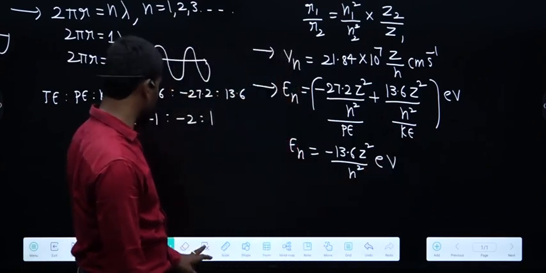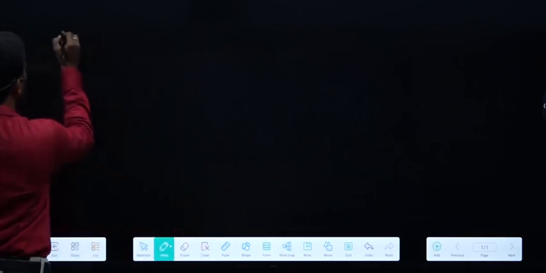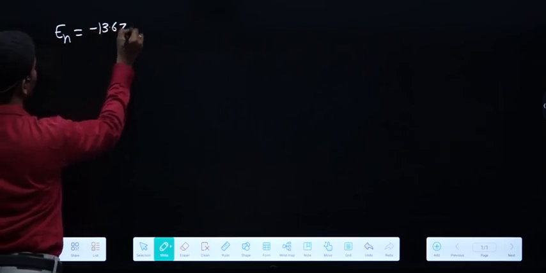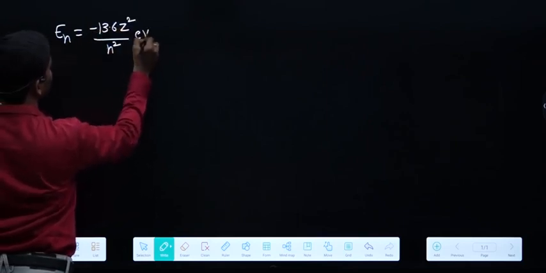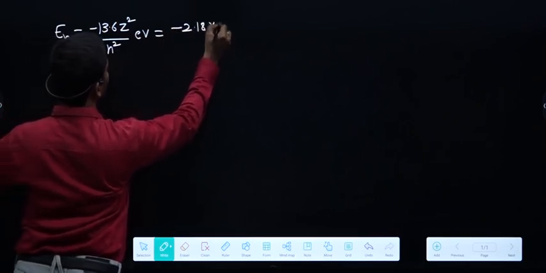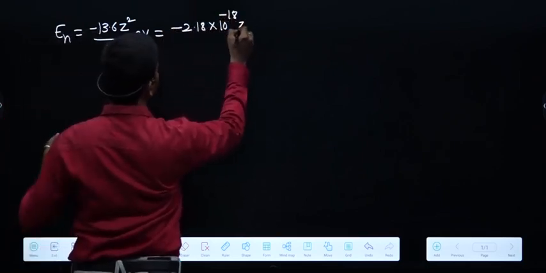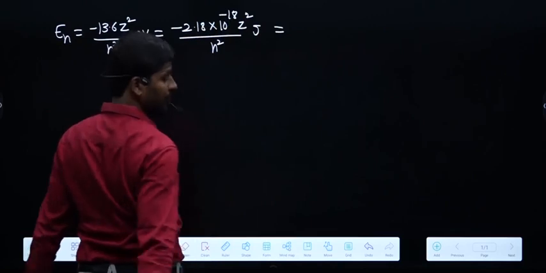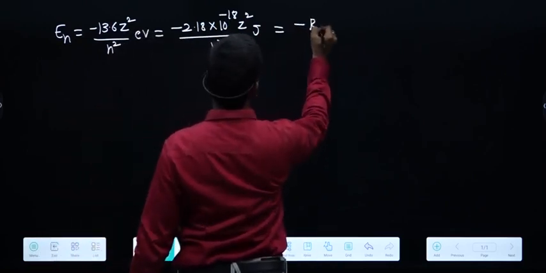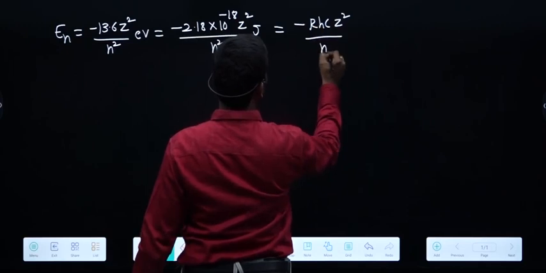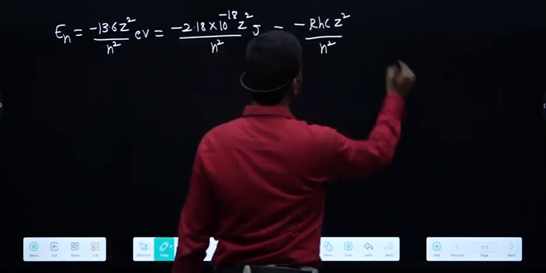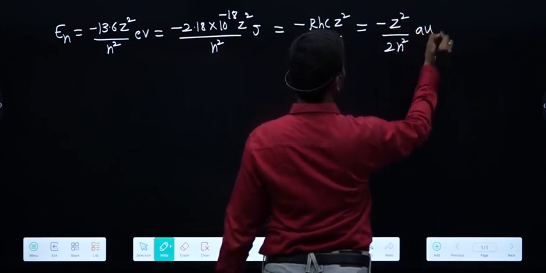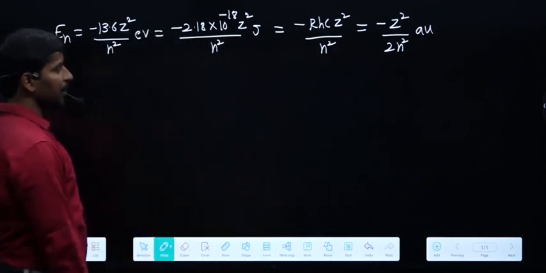So the various expressions for the energy of an electron in the nth orbit for one-electron systems: minus 13.6 into Z square by N square in electron volts; minus 2.18 into 10 power minus 18 Z square by N square in joules; minus RHC Z square by N square with respect to the Rydberg constant; and minus Z square by 2 N square in atomic units.